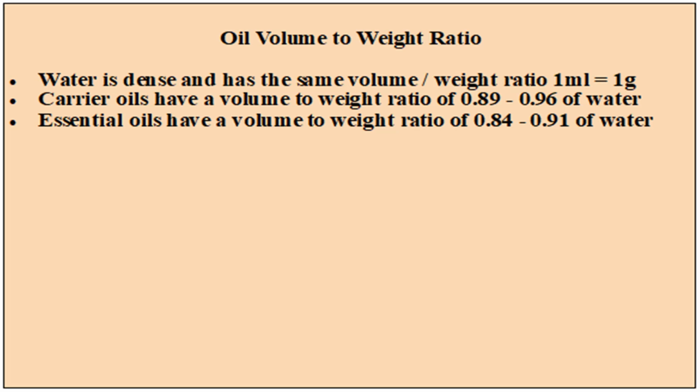And if we look at essential oils, it's the same thing, 84% of the weight of water to 91% of the weight of water. So these are the differences of how much they weigh, and it's really important to know what you're working with weight-wise when it comes to carrier oils and essential oils, and it'll differ between each type.